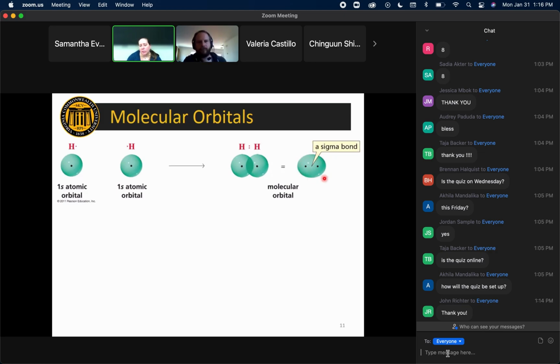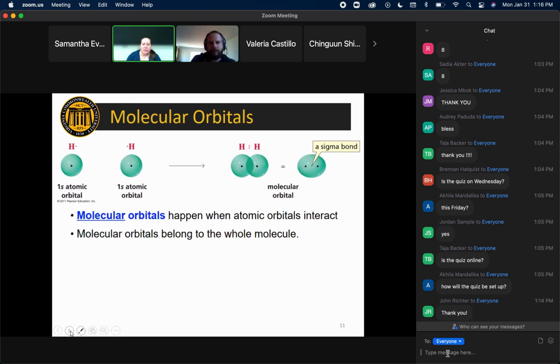So this is an orbital that is shared over some portion of the molecule, as opposed to being identified with just one atom or another. This should make sense as having some stability associated with it, because we took these two atoms that did not have full valence shells and let them pair up, which means now they have a full valence shell.